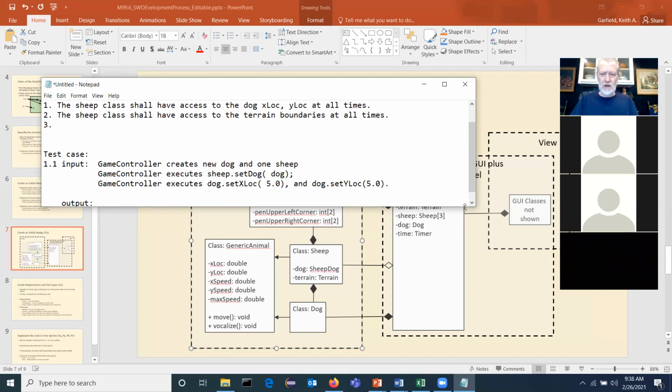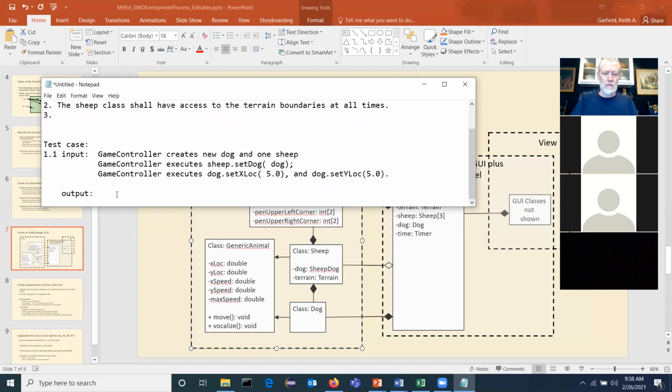And then what's my output? The expected behavior should be, inside the sheep class, dog dot get X location equals 5.0, which you would verify with a print statement, or use the debugging facilities inside of Eclipse.